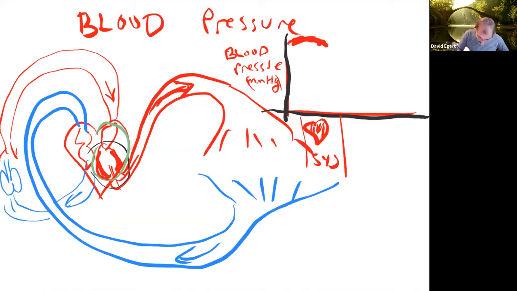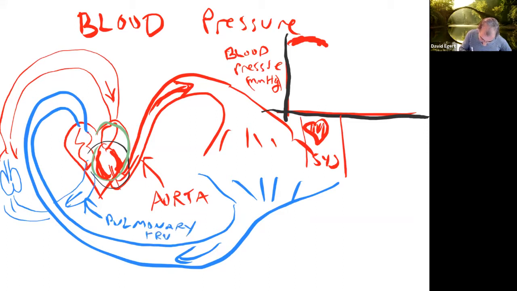So when we think about the aorta, which is the main artery leaving the heart going into systemic circulation, or we think about the pulmonary trunk, which is the main artery leaving the heart going into the pulmonary circulation.